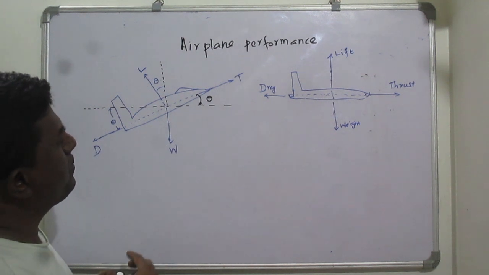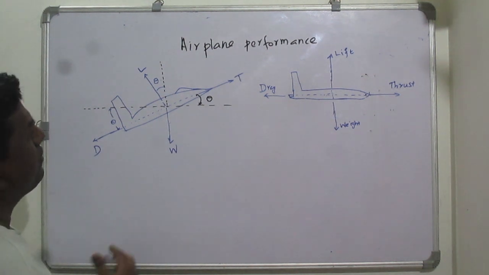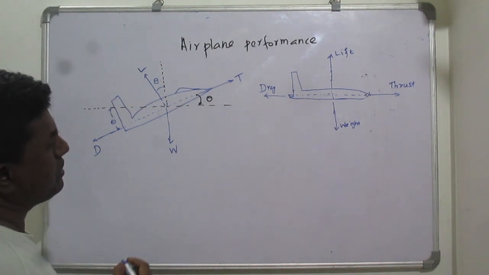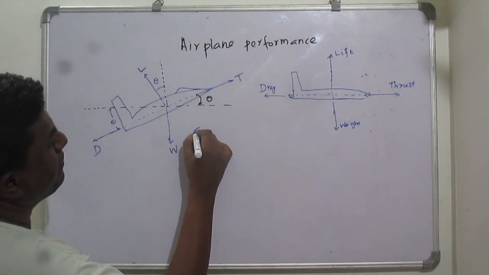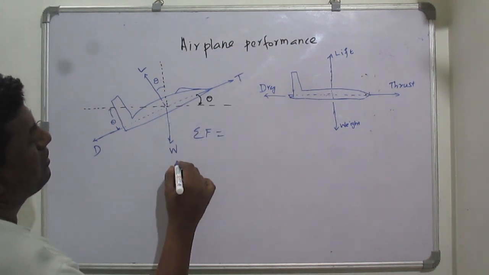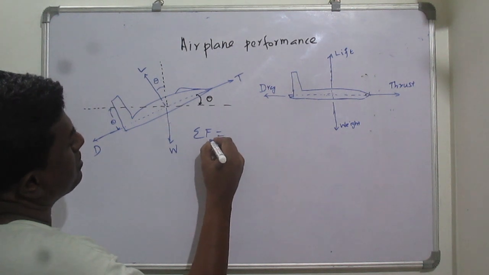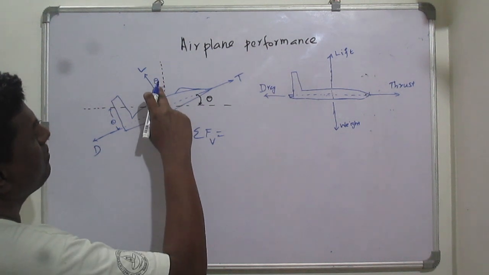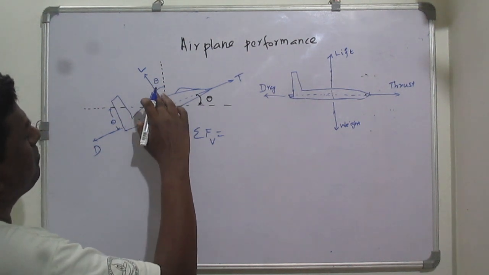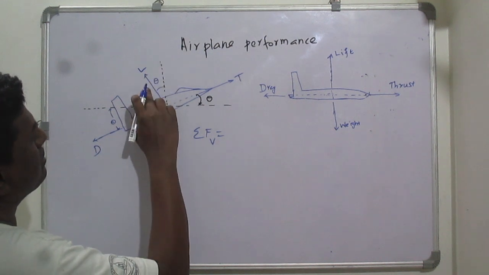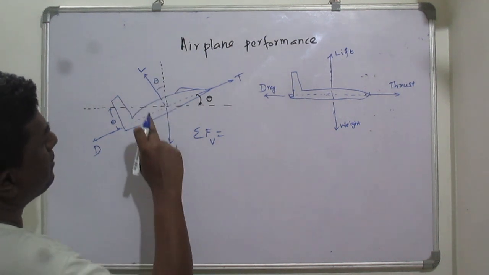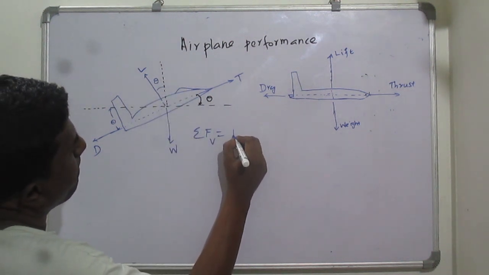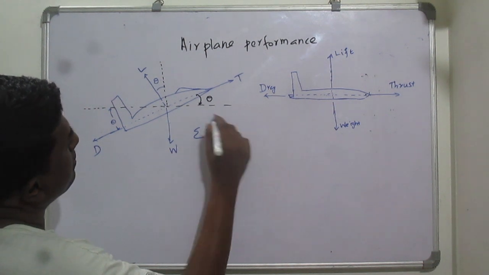Now if we are finding the forces acting on this aircraft, we can write the summation of forces, first the summation of vertical forces, equal to the forces acting in the vertical direction. Considering the vertical direction, that is lift, so lift into cos theta, since that angle is the included angle.